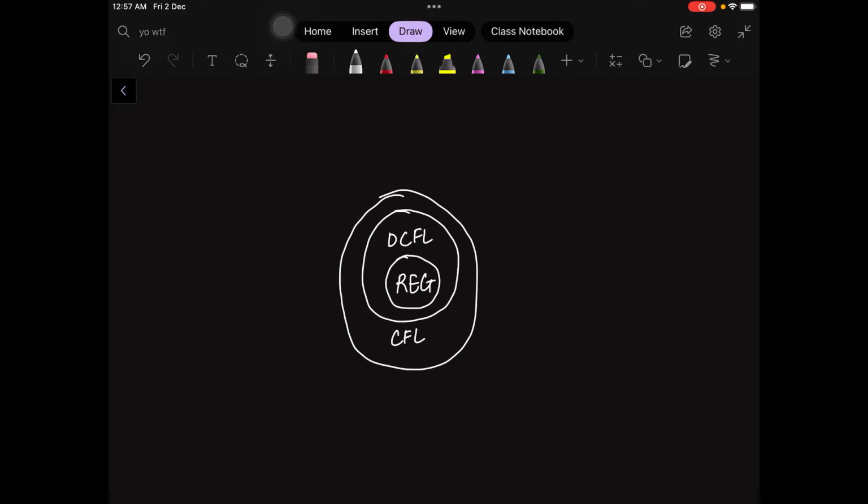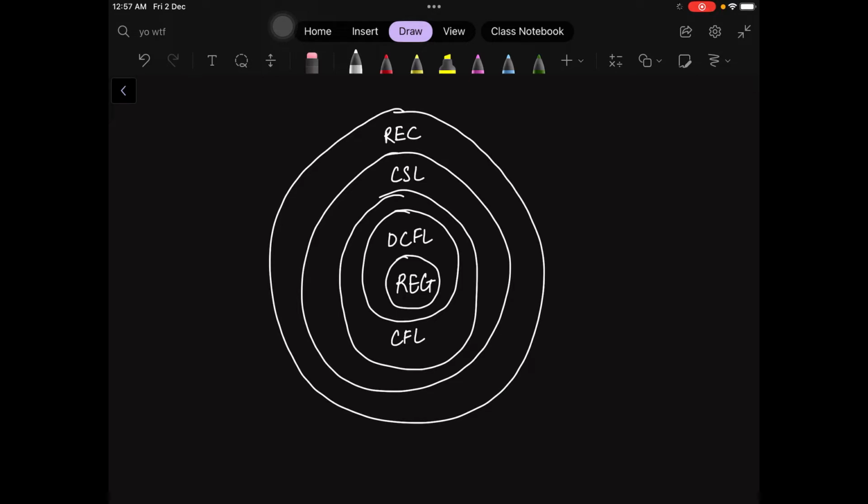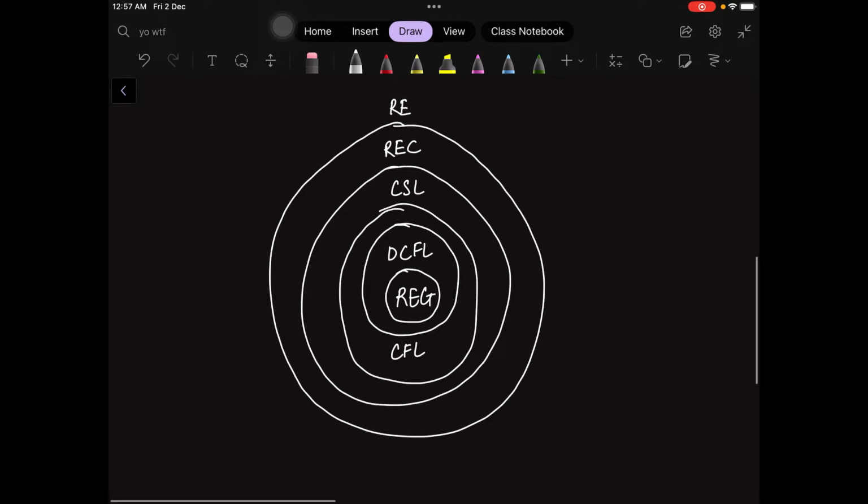Then it is followed by CSL, also known as context-sensitive languages. Above it, it is followed by recursive languages. And on the top, we have recursive enumerable languages.